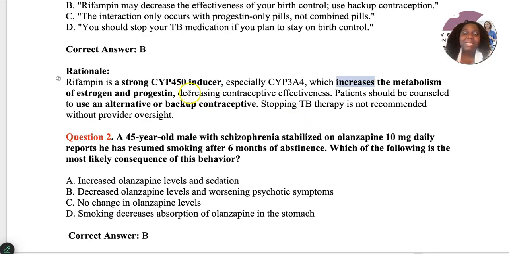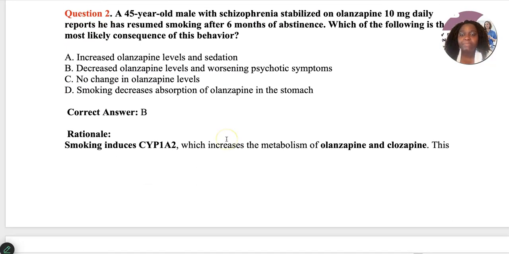Now, it's going to decrease contraceptive effectiveness because it is leaving the body very fast. Because it has an increased metabolism, it has a decreased efficacy. Does that make sense? So when you're seeing the word increase or decrease, see what follows it. See the full definition of it. Now, patients should be counseled to use an alternative backup contraceptive. Stopping TB therapy is not recommended without providers' oversight.